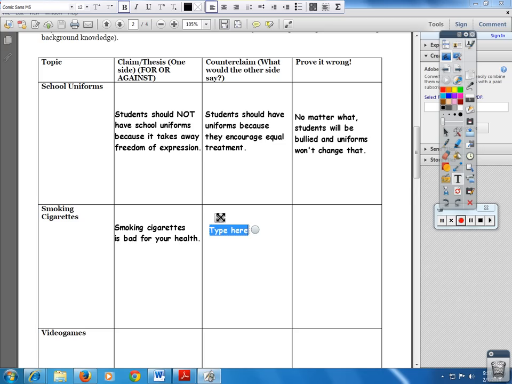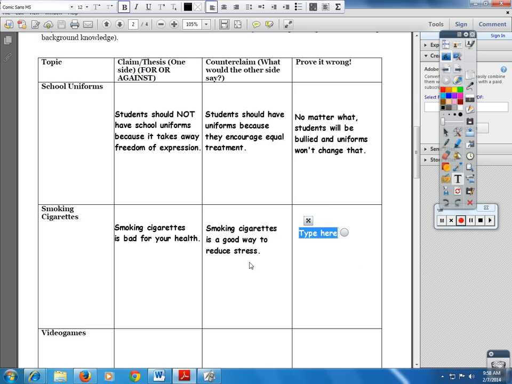They'd probably say, I don't know. It's hard to come up with an argument against smoking cigarettes. Smoking cigarettes is a good way to reduce stress. Okay? So come up with something easy. That's quite easy for you to come up with an argument against. Okay, you do that one on your own.